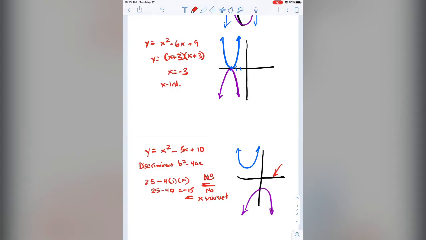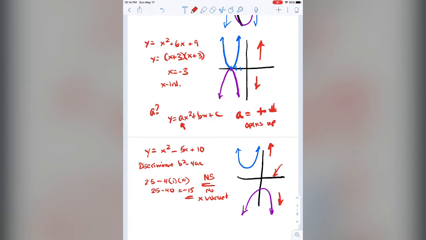Now, real quickly, does it open up or does it open down? Well, that's simple. What does our a look like? Remember, in standard form, it's ax squared plus bx plus c. Our a is right there. If our a is a positive number, then it opens up.